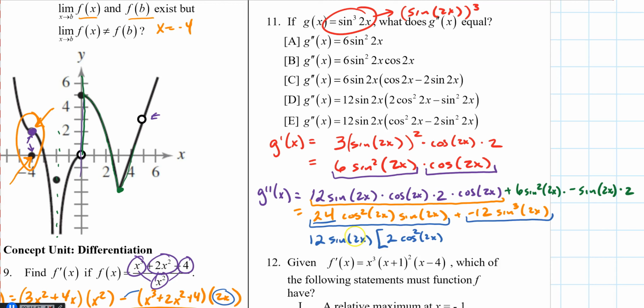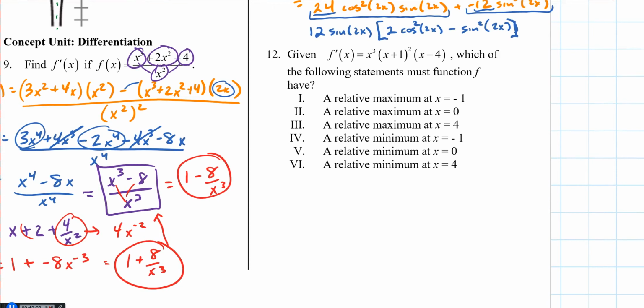The sine 2x is taken out, minus, so when I pulled out the 12, I'm left with a negative 1, and I'm left with a sine squared of 2x. And so now I compare, and it looks like 12 sine of 2x times 2 cosine squared of 2x minus sine squared of 2x is going to be my final answer, D.